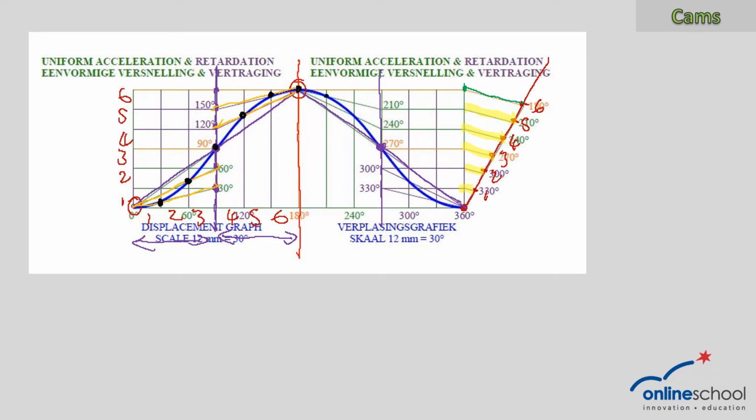We continue the process on the decline, which is the retardation, all the way back to 360 degrees. Once we have those reference points, we use our French curve and draw in the curve profile, and that should give us our uniform acceleration and retardation graph of displacement.